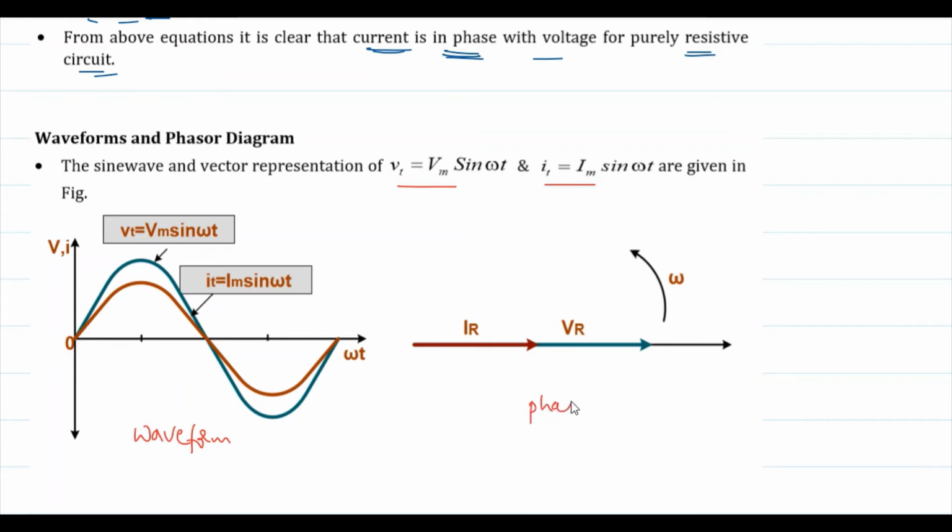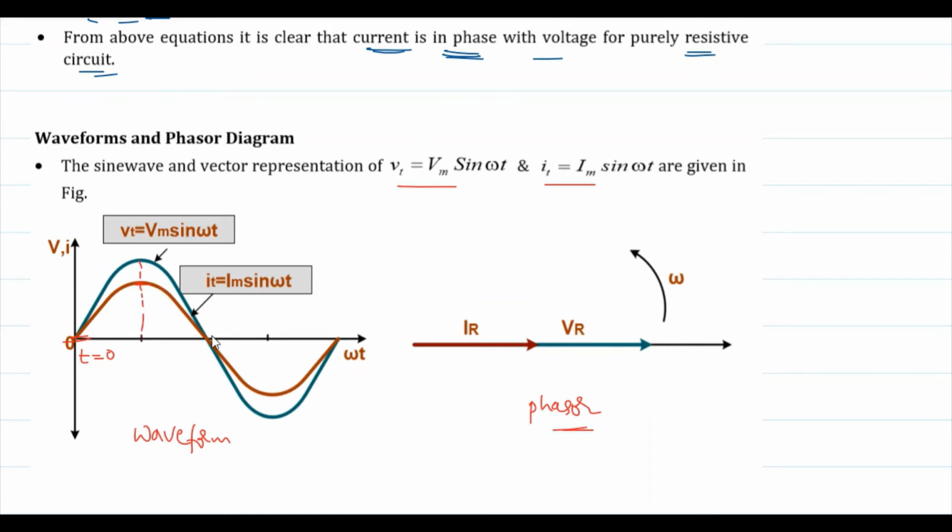Okay, phasor diagram. So you can see that at the instant where voltage starts, at that time only current will start. Means at time t equal to 0, voltage and current both are 0. When the voltage becomes maximum, at that time the current is also maximum.